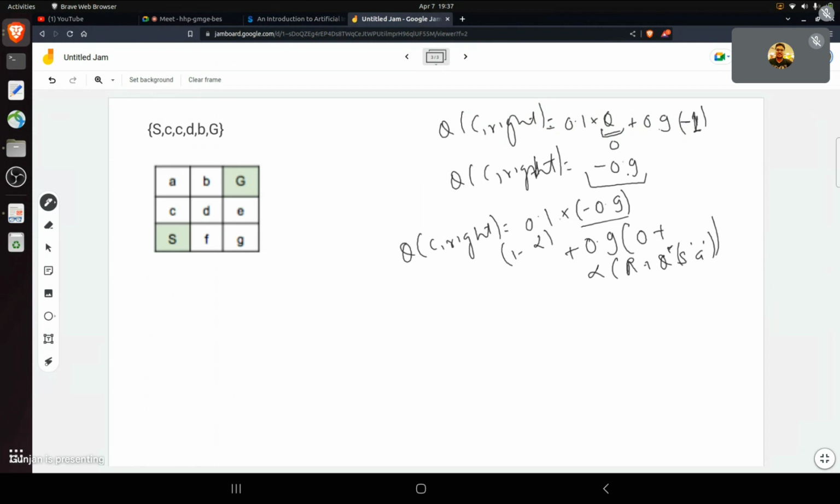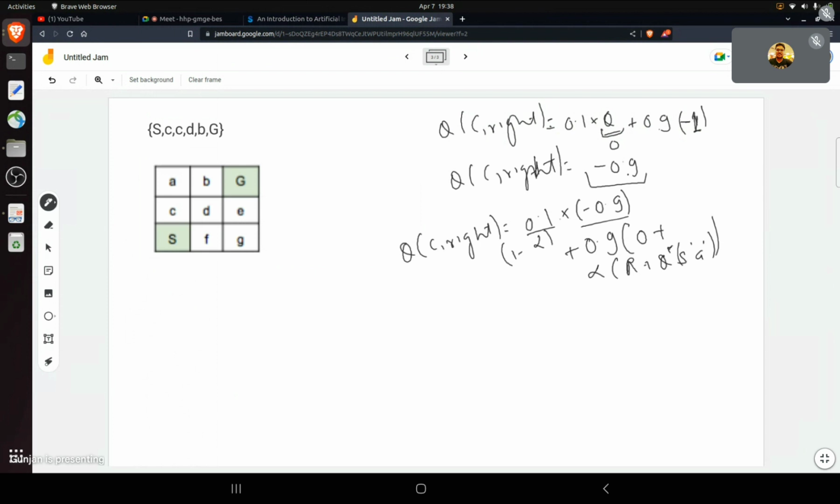This is what the equation was. Okay, so you're using the last one. So 1 minus alpha is 0.1, and Q(C, right) is minus 0.9, and the right part of the equation is reward plus Q star(S', A').